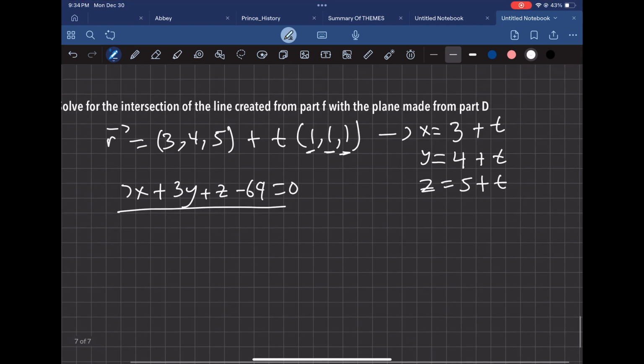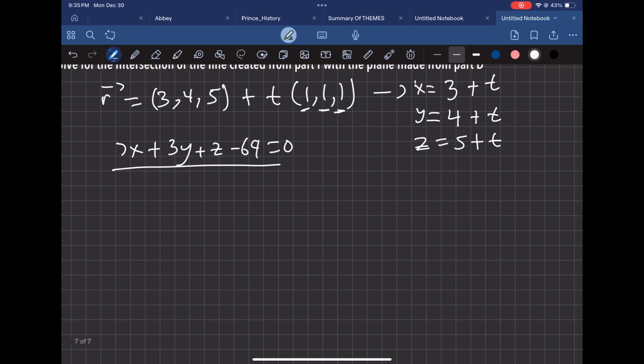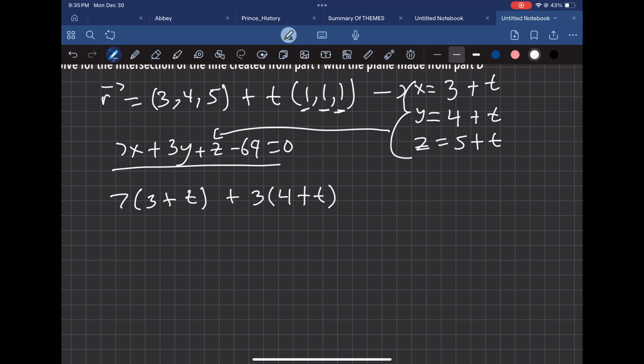And now that we have the value of each of these, we can take each of these x, y, z values and plug them back into the Cartesian equation. So that would look like 7 times 3 plus t, plus 3 times 4 plus t, plus z, so that's plus 5 plus t, minus 69 equals 0.